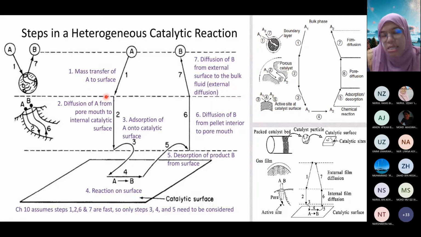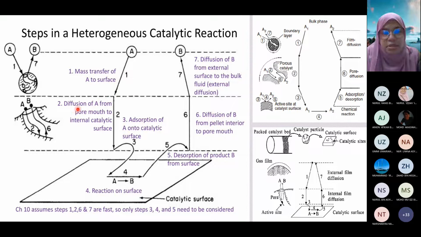It must absorb on the active site of catalyst. Okay, so dekat external pun ada absorption of reactant. Dekat dalam pore mouth, okay, step 2 ni dalam pore mouth. Yang ni dekat external. Dia ada mulut ni, dia masuk ke dalam. So, what happen when the reactant absorb inside of the catalyst?